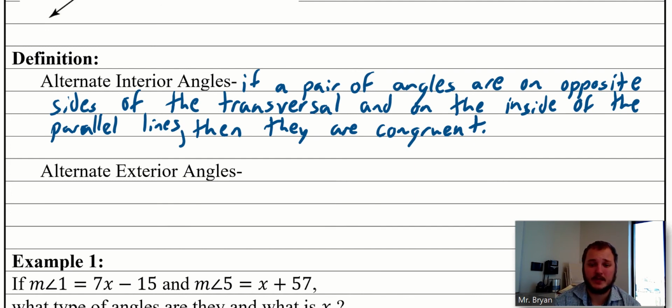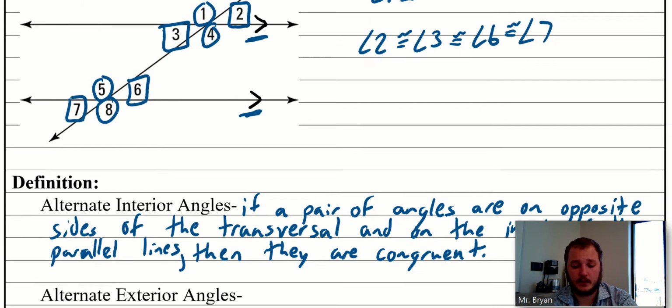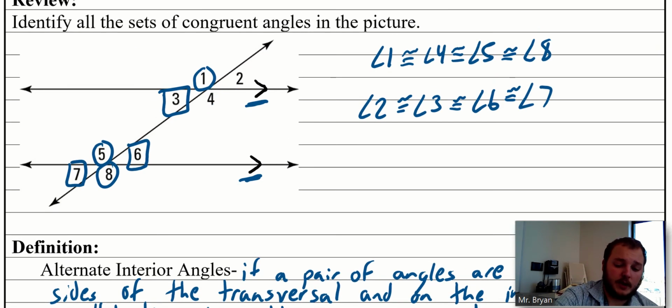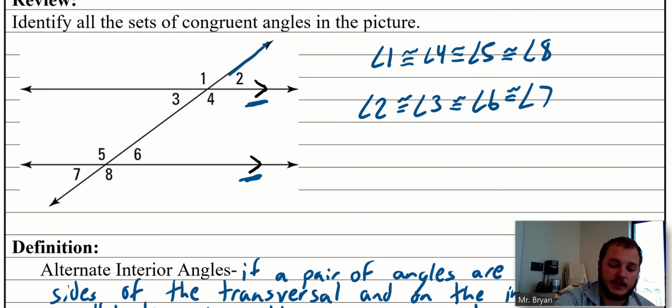Okay, well, what does that mean specifically if we're breaking this down here? That first word, alternate, is just telling me where they're at in terms of the transversal. So if I go back up to our first example here, remember we have our parallel lines. I'll erase these here. We have our parallel lines, and then the transversal is that line that cuts right down the middle.